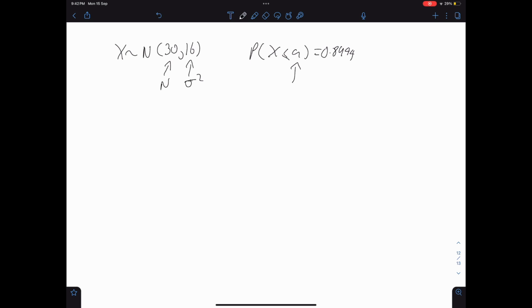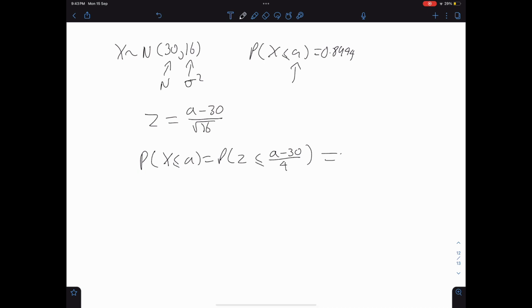So what I would do is I'd do z is equal to a minus 30 over root of 16. Then I'd say that P(X less than a) is equal to P(Z less than (a minus 30) over 4).